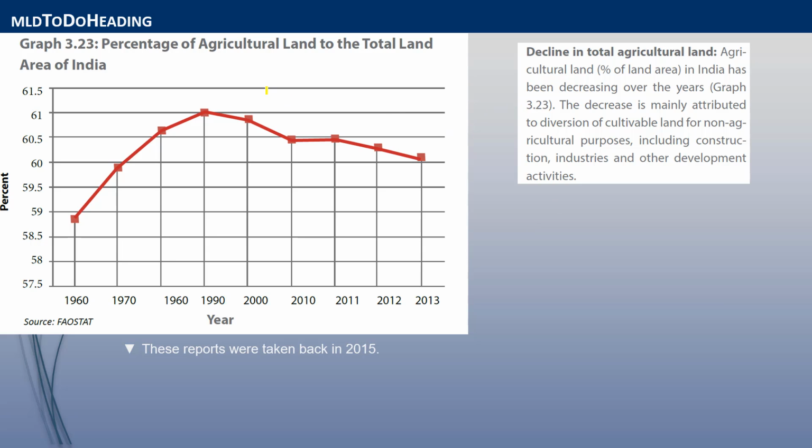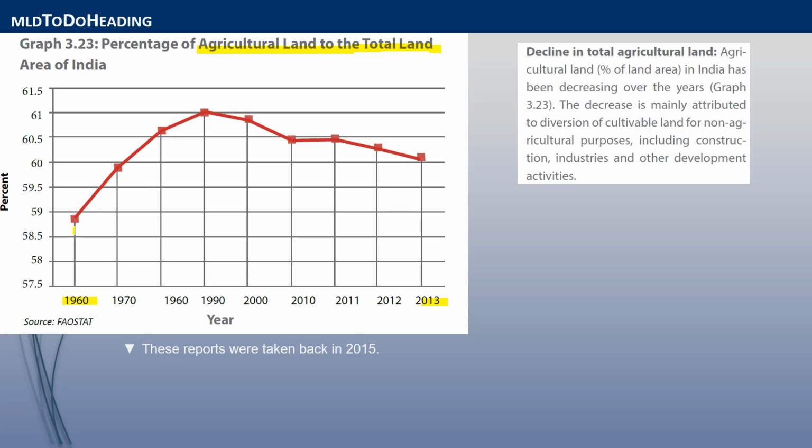The first thing is this chart from 1960 to 2013, showing the decline in the area of agricultural land in India.